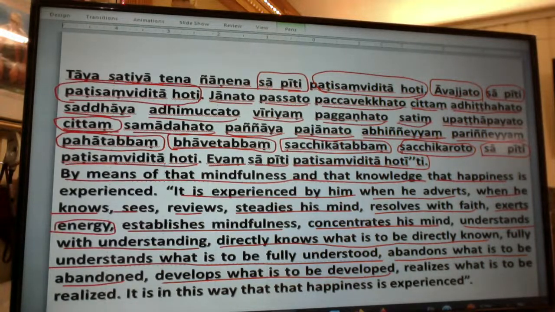So step by step, understanding with a very strong mind, very strong confidence, saddha, very great effort, viriya, very established mindfulness, very strong concentration, very clear understanding. With these powers of mind, we can make it.